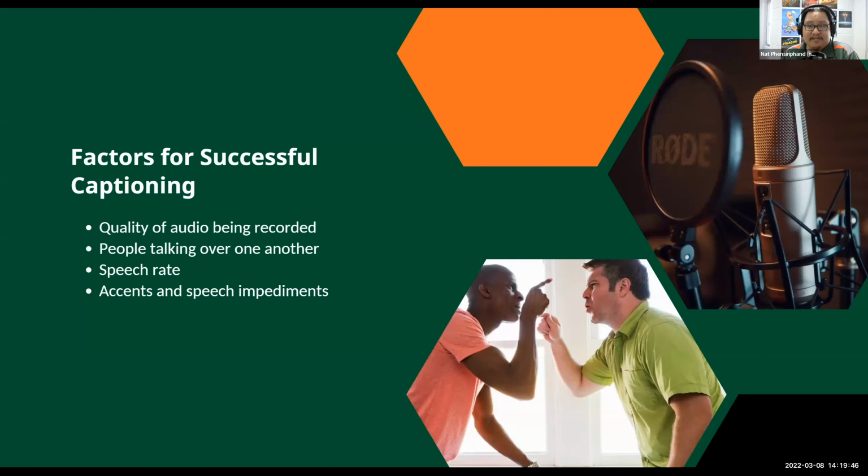There are several factors for successful captioning. The quality of the audio being recorded is a big one. If your mic's set up properly and you're in a quiet environment, it's easier for Adobe to transcribe the voices. Like the first example, it's just one person speaking, she was mic'd up properly, so Adobe can easily transcribe her voice.